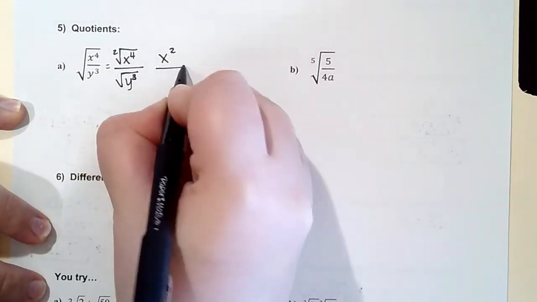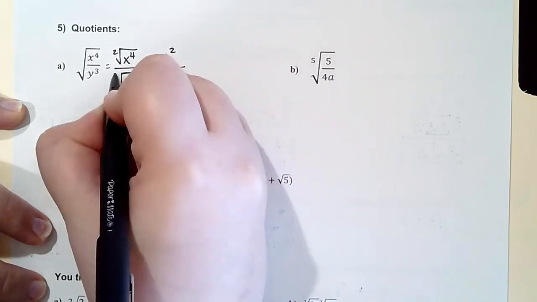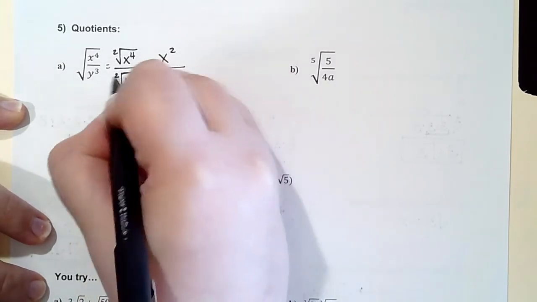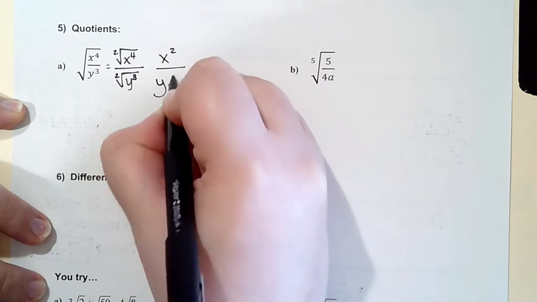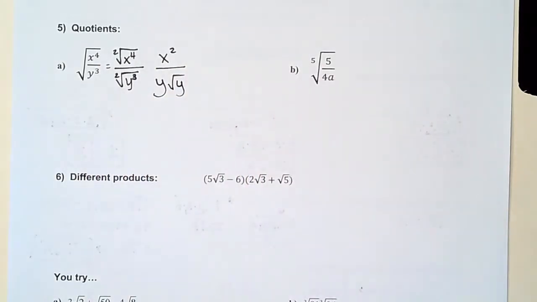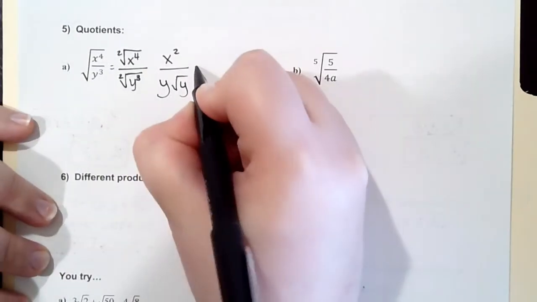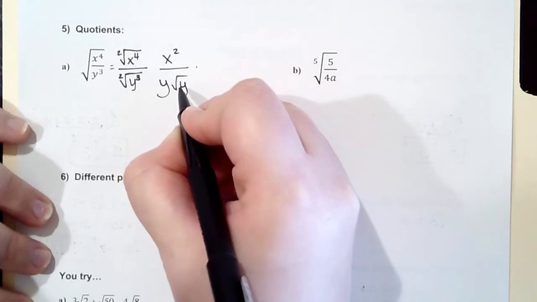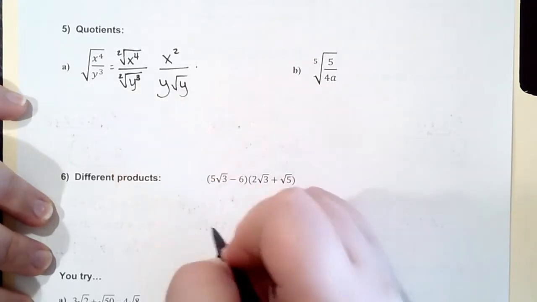The bottom's a little bit trickier because we only have one nice y, and we're left with the square root of y on the bottom. Now, while there's nothing technically wrong with this answer, it is correct, it is not rationalized. So essentially, you have not simplified it completely. In order to rationalize, we've only got one radical on the bottom. There's no addition or subtraction.